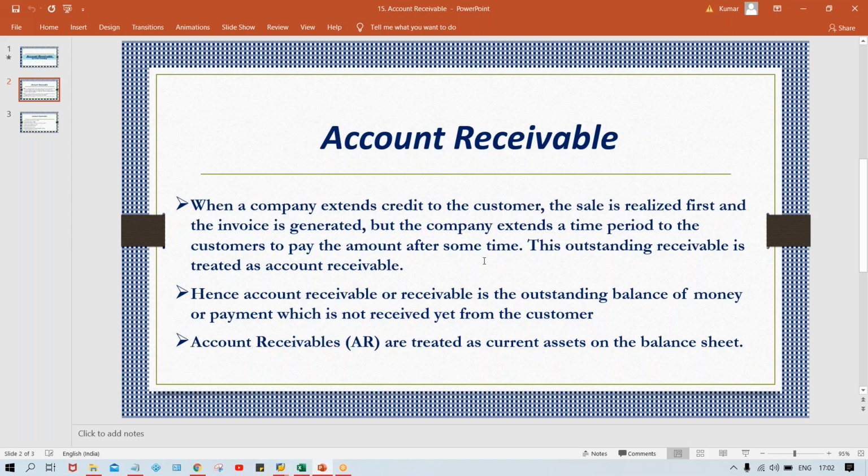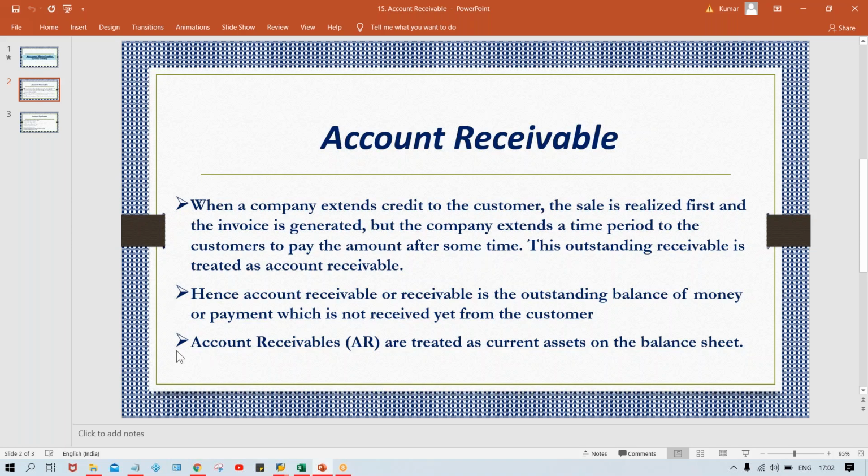This is called our receivable. It means there is some outstanding amount which is supposed to be paid by the customer, right? Those outstanding balances are called receivable or account receivable.